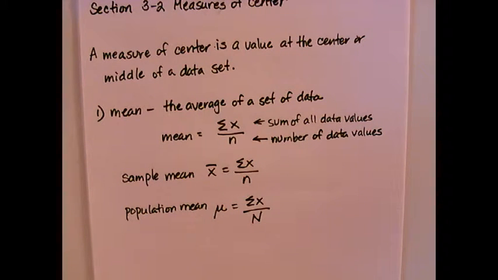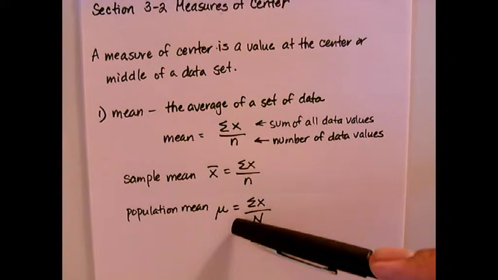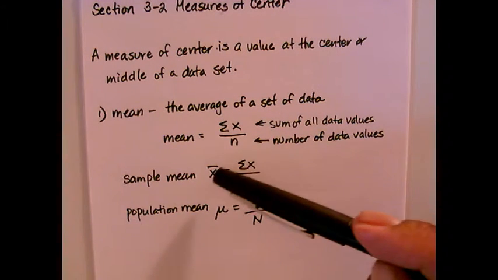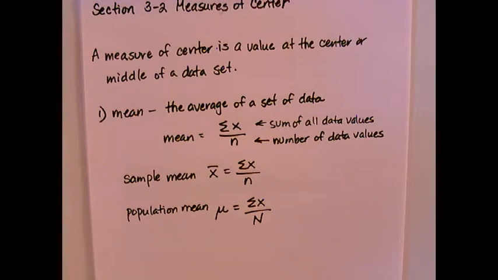So we have a sample mean and a population mean. Mainly in this class we'll be using the sample mean, but be familiar with the Greek letter mu, your population mean, because you'll be seeing it again later in other sections.